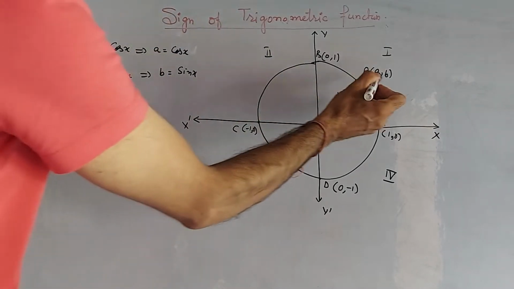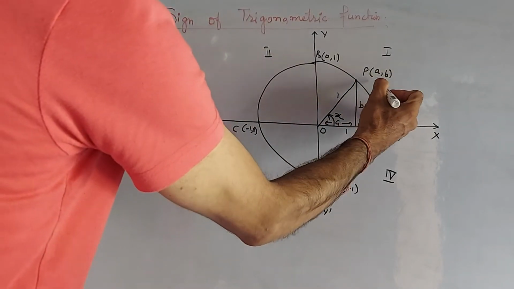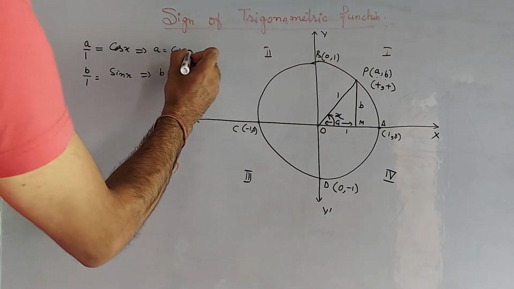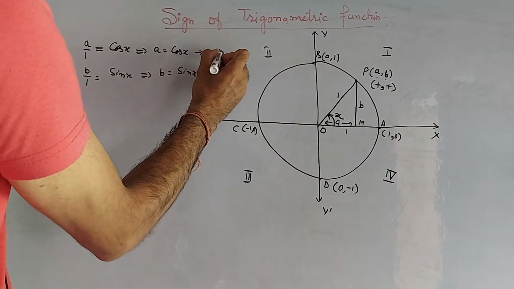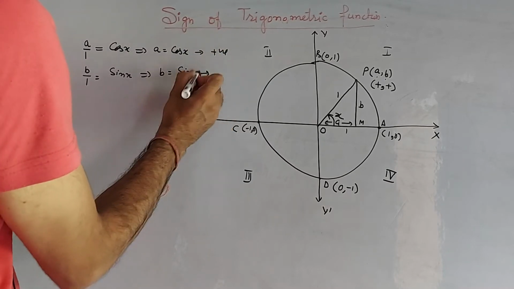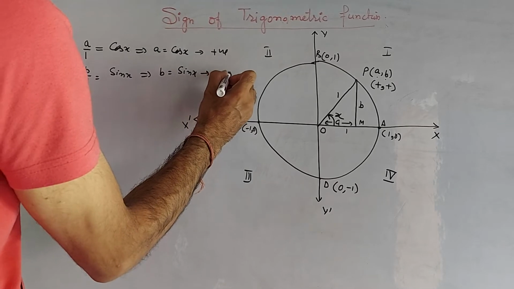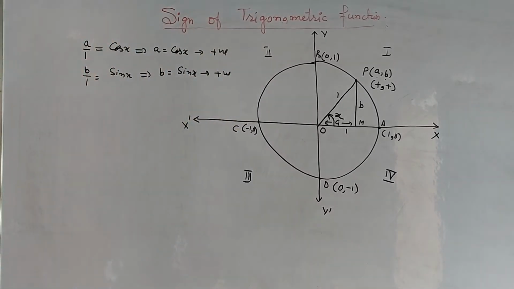Therefore here a is positive, b is positive, so sin x is positive and cos x is also positive.